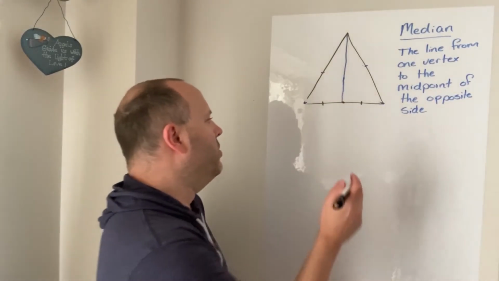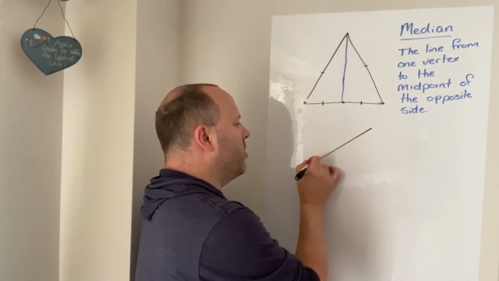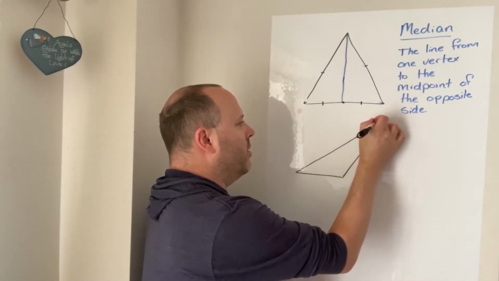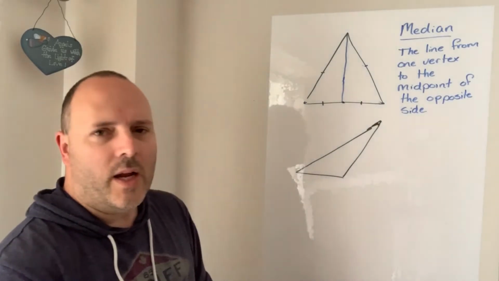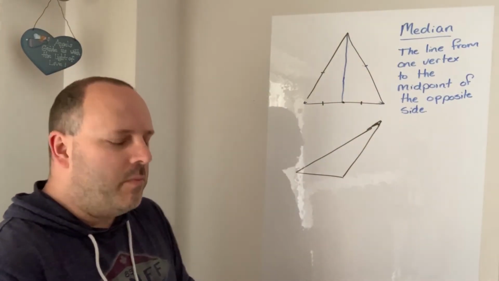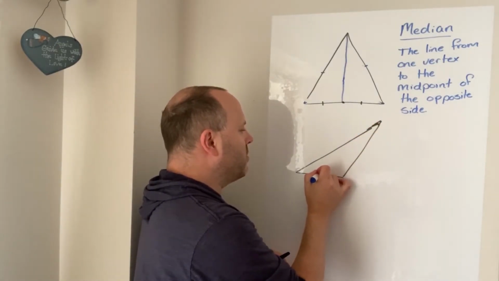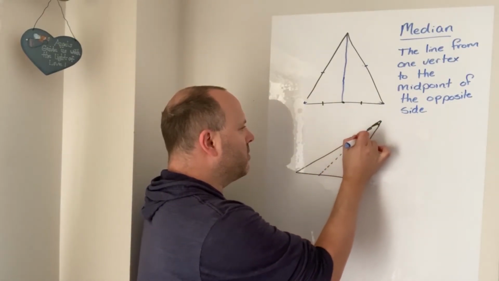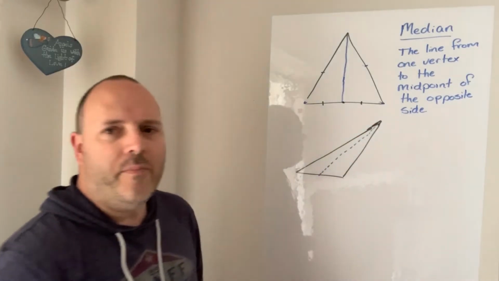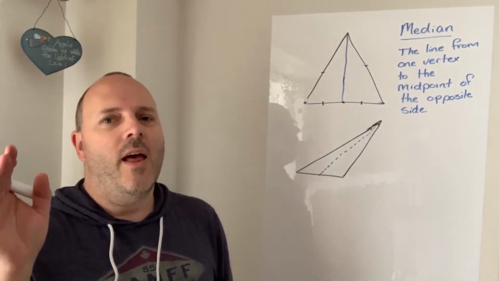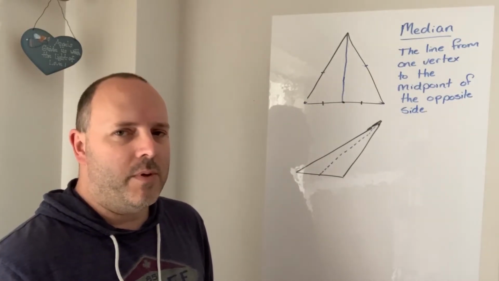So if I draw any old triangle, okay, here it is. I'm going to draw a really scalene triangle. So I know that if I make the median, here it comes. Now I know that that median divided the triangle into two smaller ones that are not the same shape.